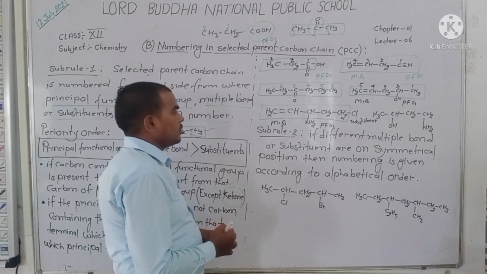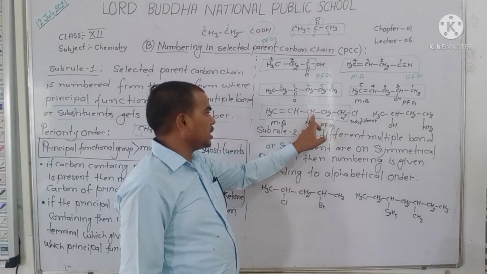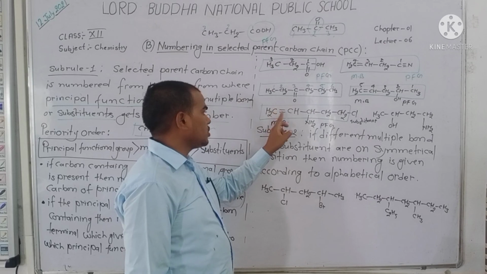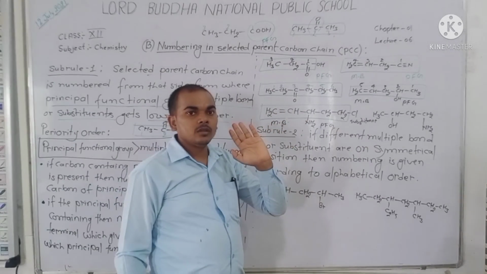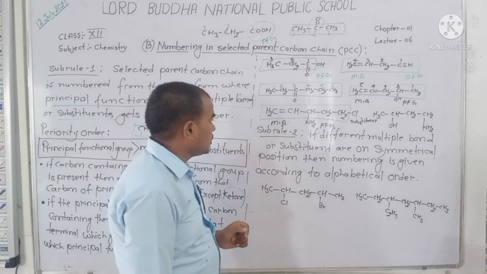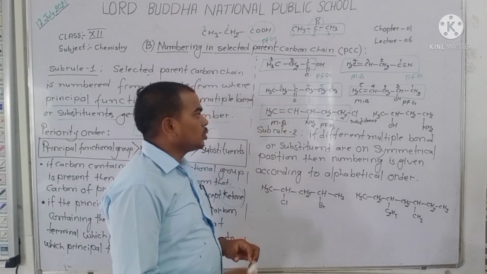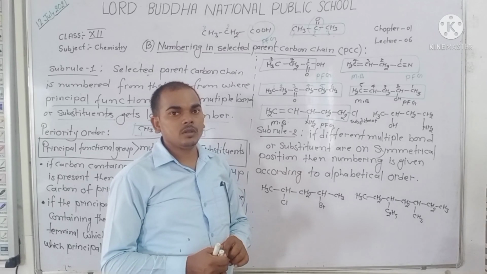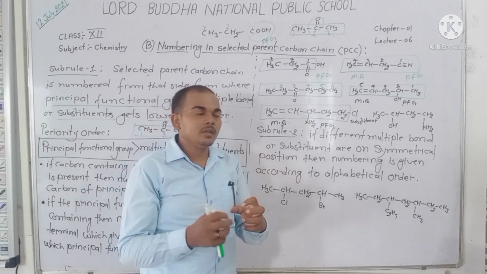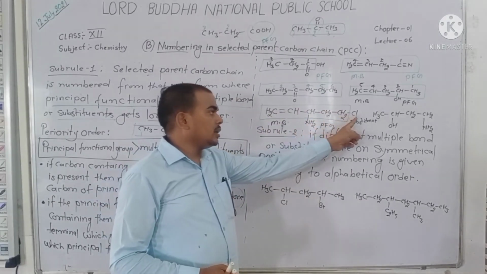If you count from here 1, 2, 3. If you count from here 1, 2, 3. From both sides the functional group has the same position. Now compare the multiple bond and substituents.